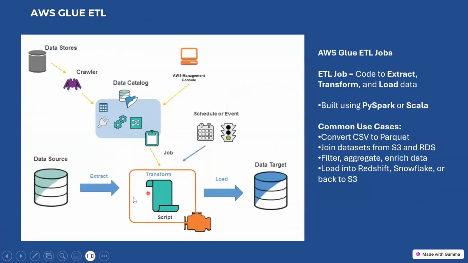Also, we saw that with AWS Glue there are two options. When your crawler crawls the database sources, it generates the data catalog. After the data catalog is generated, you apply ETL on top of it. To apply ETL, I showed you two approaches. ETL means extract, transform, and load.